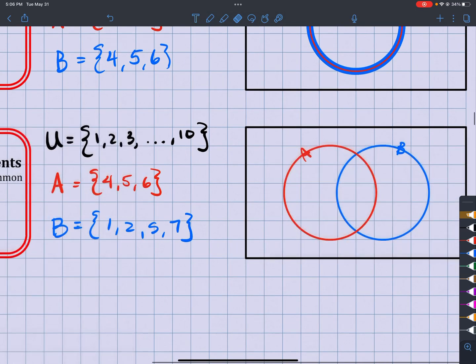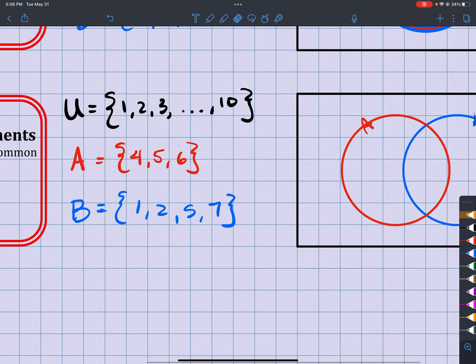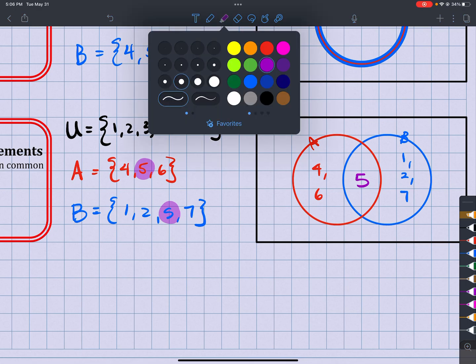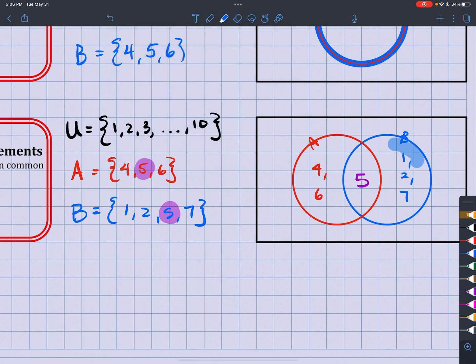All right? So if that's the case, let's look. I see that 5 is in common in both. So I'm going to go ahead and put 5 right there. And then what's left in red is the 4 and the 6. And the blue has 1, 2, and 7 left. Okay? So when you look at the blue, or set B, you see the 1, 2, 5, 7, right?